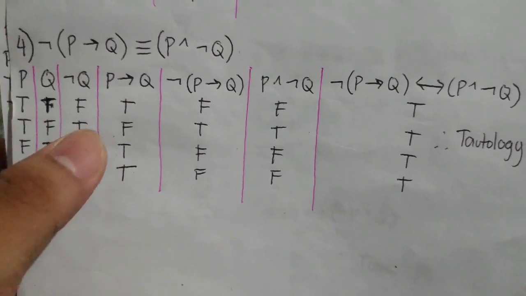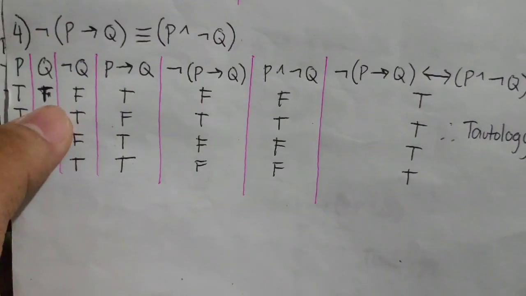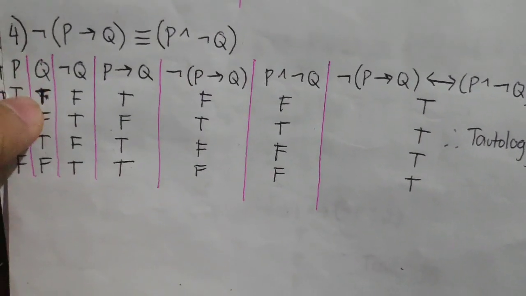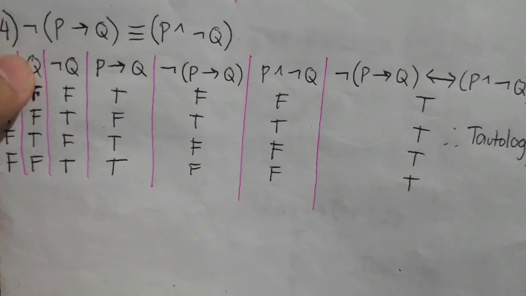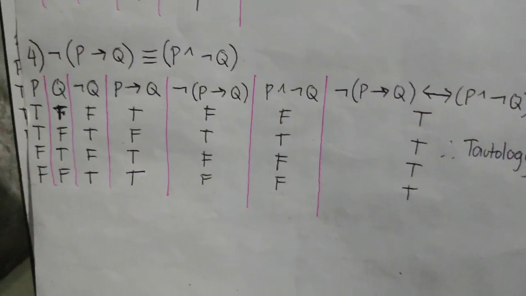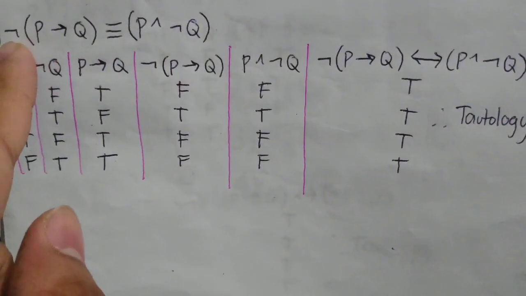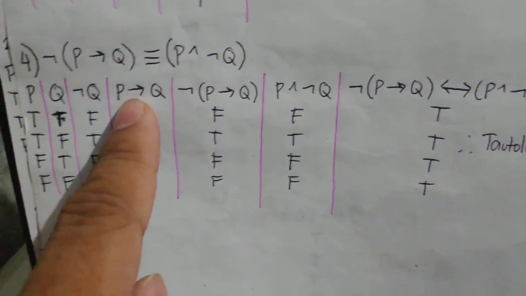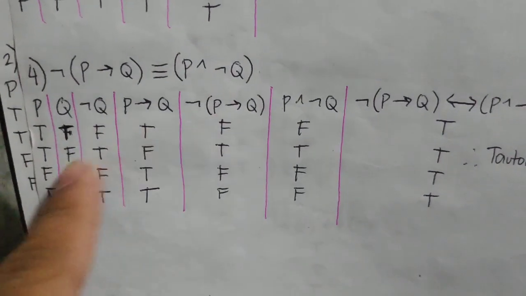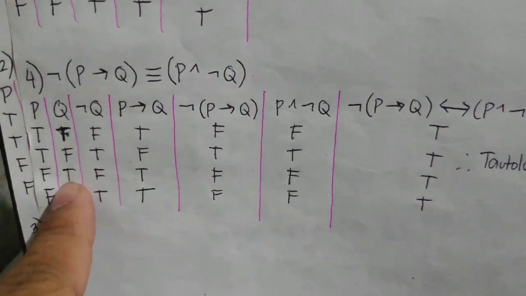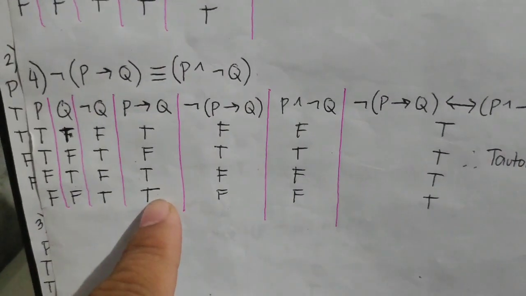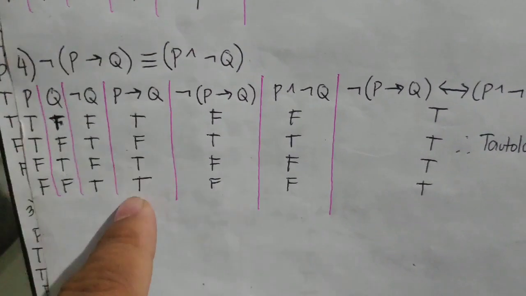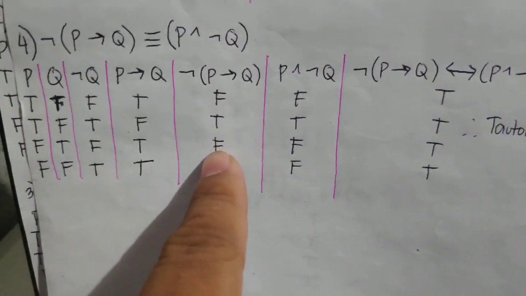Now this time we will be needing the negation of Q. So you have false, true, false, true, because you will be getting the opposite truth value for the statement Q. Then, before you negate P implies Q, you need the truth value for P implies Q. So you have true, true, therefore true; true, false, false; false, true, true; false, false, true. Then you will get the negation of this one. So from being true, false, true, true, it becomes false, true, false, false.